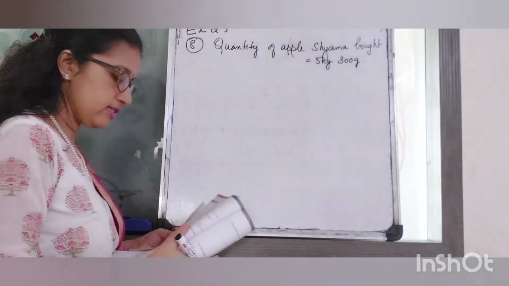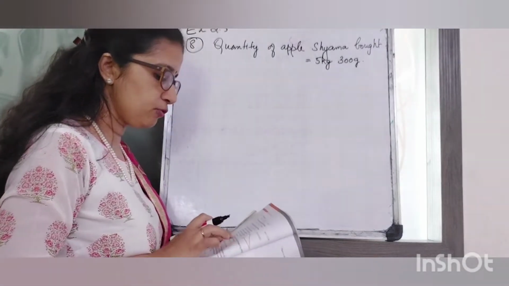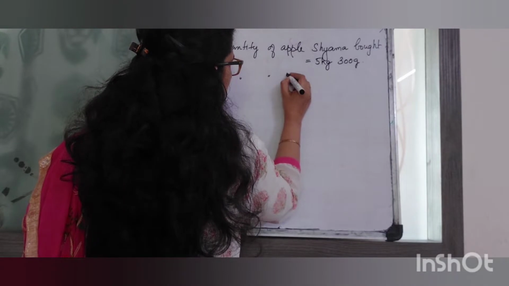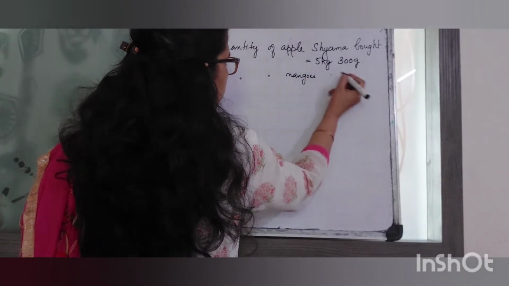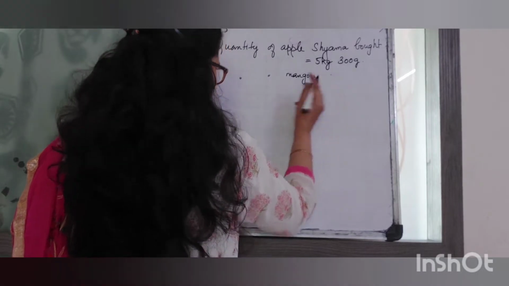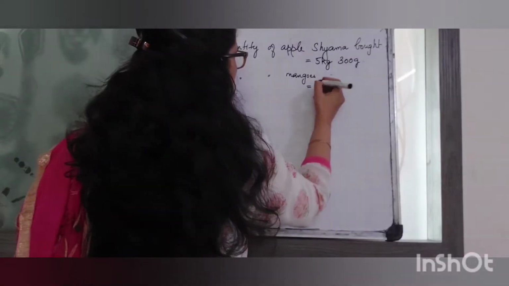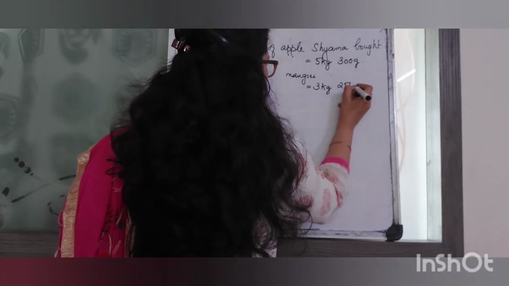Okay. Now what is the other data? And 3 kg 250 grams of mangoes. So the quantity of mangoes Shyama bought is equal to 3 kg 250 grams.